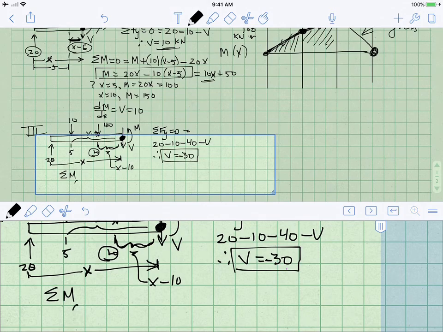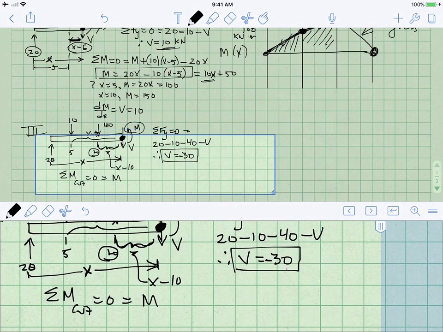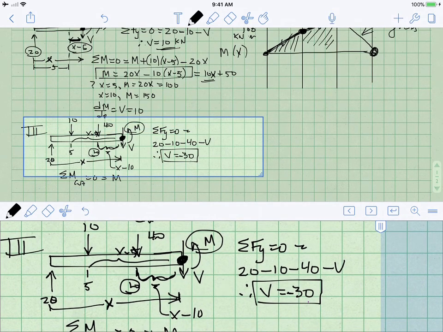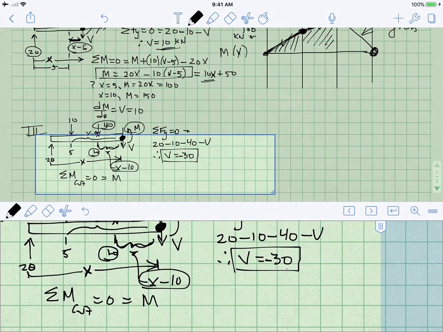Summing the moments at the cut and setting them equal to 0, we write positive moment. That's what we're trying to find. We have a positive contribution from this 40 kilonewton force. We multiply it by x minus 10.